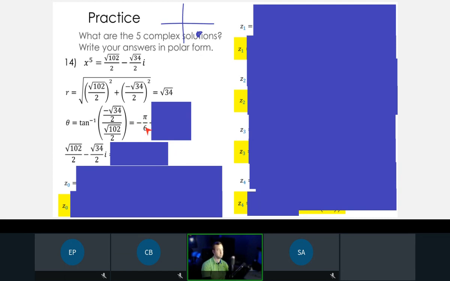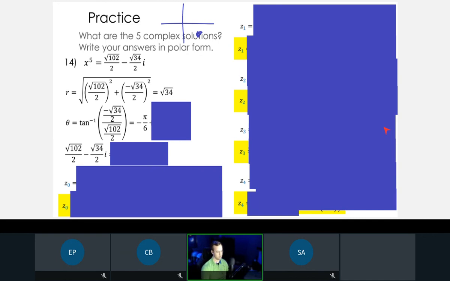How can I fix this? Yes, Emily says add 2 pi, which creates the coterminal angle, and she is correct. You're just doing a full counterclockwise rotation to make the angle positive, but we are still in the same location, hence coterminal angle, which we learned in unit 3 or 4.